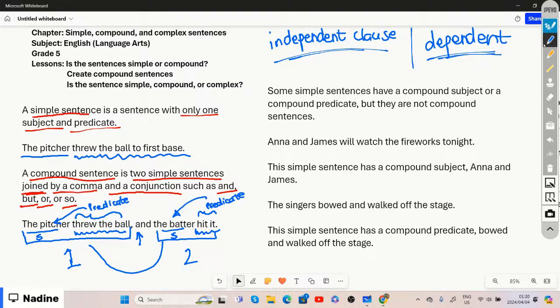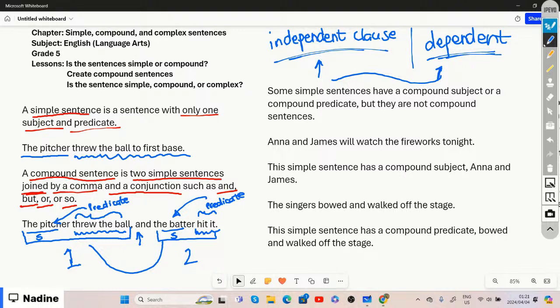So a complex sentence has both an independent clause and a dependent clause. It's almost like a sentence, or like a phrase that can stand on its own.